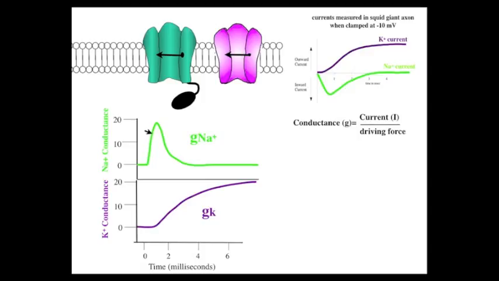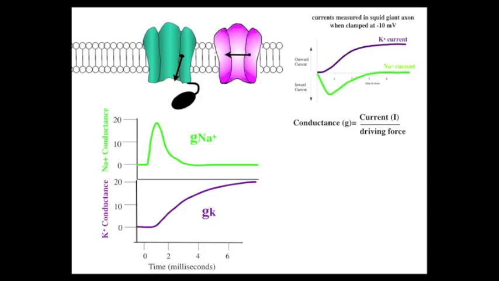It jumps up immediately. They therefore proposed that it must have an activation gate that opens quickly upon depolarization. But then the conductance goes down, so they postulated that the sodium conductance must also have an inactivation gate that automatically closes the conductance even though the membrane potential is still depolarized and isn't changing.